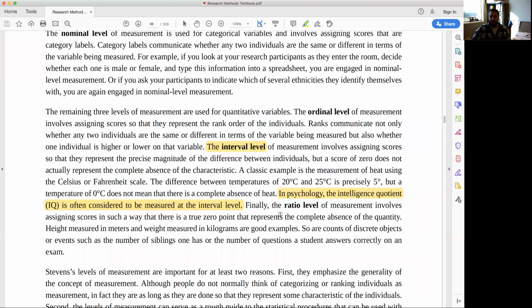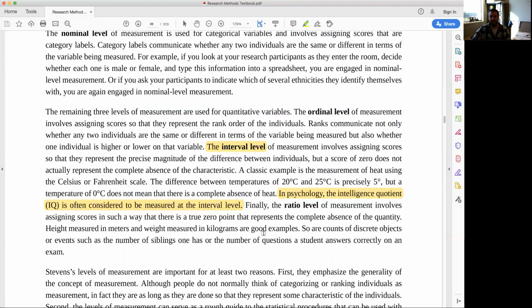In ratio, then, this is the most sophisticated level. Ultimately, there is a true 0 point. So, there is an absence of. So, use the example of height or weight. This would be kind of more so changes that you can have 0 height change or 0 weight change.